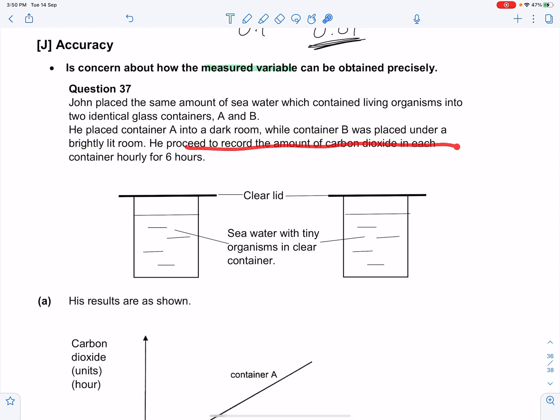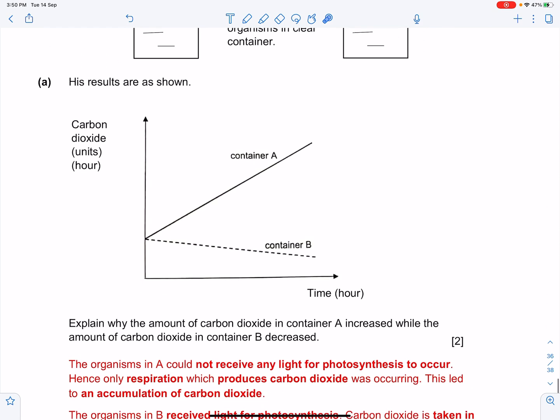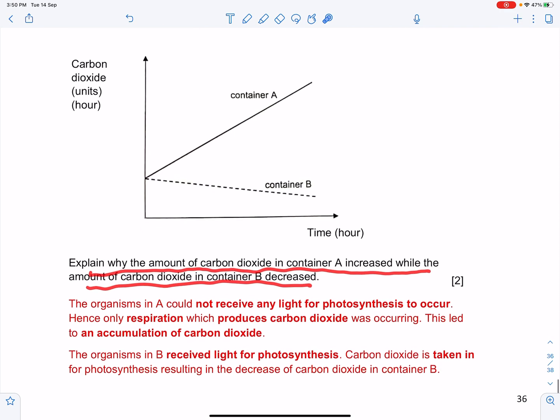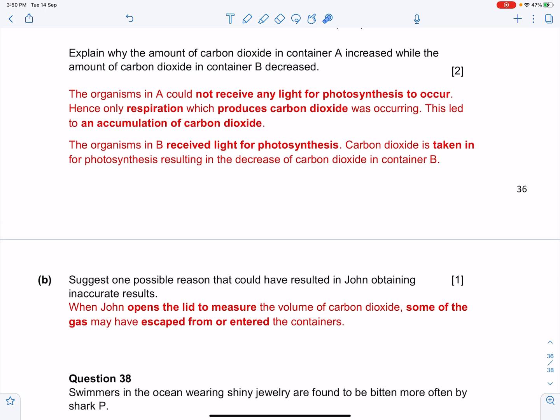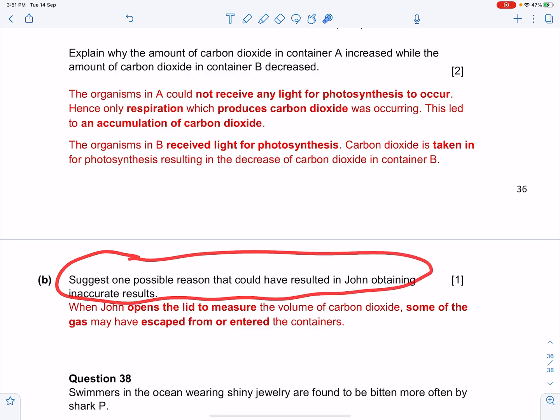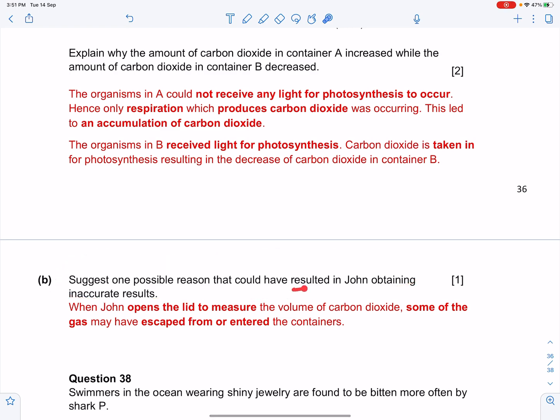He proceeded to record the amount of carbon dioxide in each container hourly for 6 hours. Explain why the amount of carbon dioxide in A increased while the amount in B decreased. This is straightforward. It's not talking about accuracy. This part, suggest one possible reason that could have resulted in John obtaining inaccurate results, is talking about accuracy.